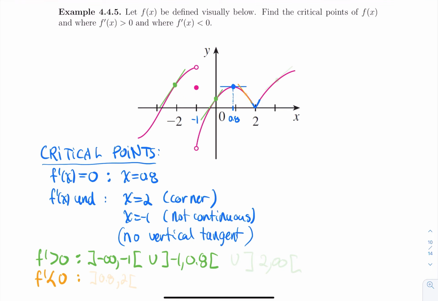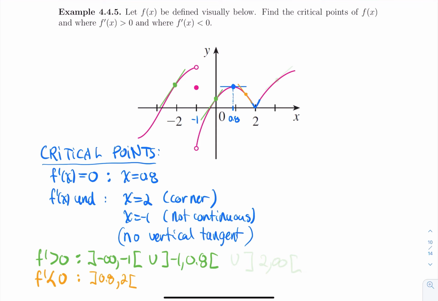Now between 0.8 and 2, my slopes are going to be going down. So we have our first interval where it's going down, between 0.8 and the next critical point, that corner, 2.